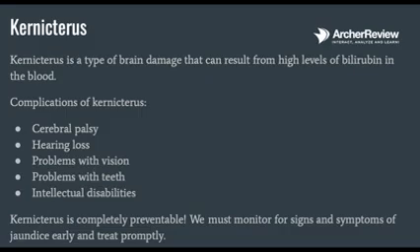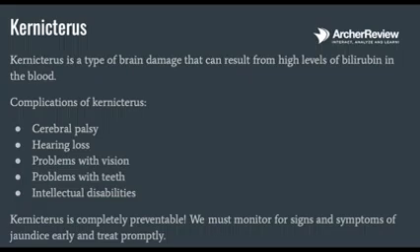blood. Specific long term complications include cerebral palsy, hearing loss, problems with vision, problems with teeth, intellectual disabilities, learning disabilities, things of that nature. All of these disabilities are coming from complications with the central nervous system, the CNS.